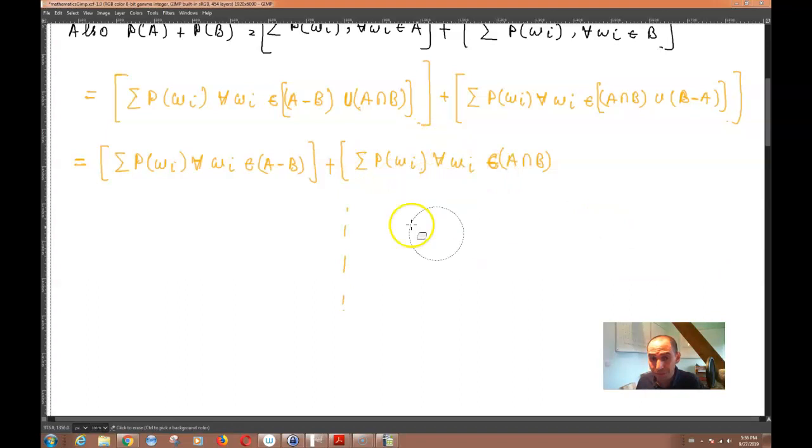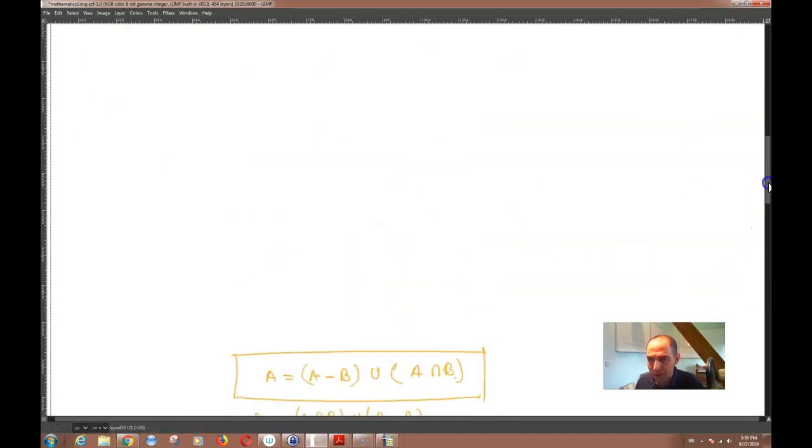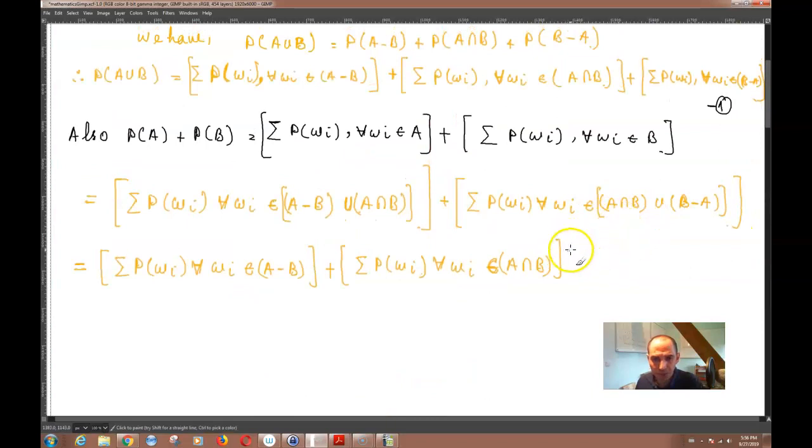So anyway, enough of philosophy. Now I can write this as, basically add these two together, so I can write this as sigma of P of omega of I for all omega of I belonging to the set A intersection B. And then again I can do the same thing over here, because these were A intersection B and B minus A. These are also disjoint sets, so you can add them together, meaning separate them and add them together.